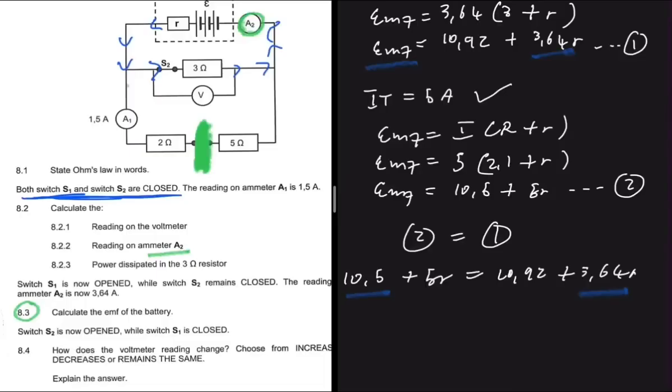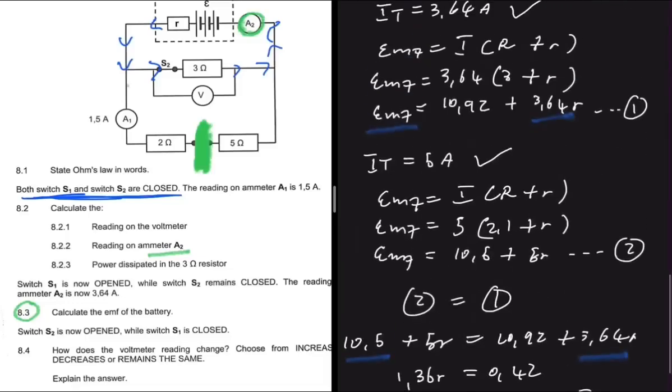We get 1.36R, and then when we take 10.5 to the right hand side, we get 0.42. So R is equal to 0.42 divided by 1.36, and that is equal to 0.31. Actually not 0.31 but 0.3088 ohms.